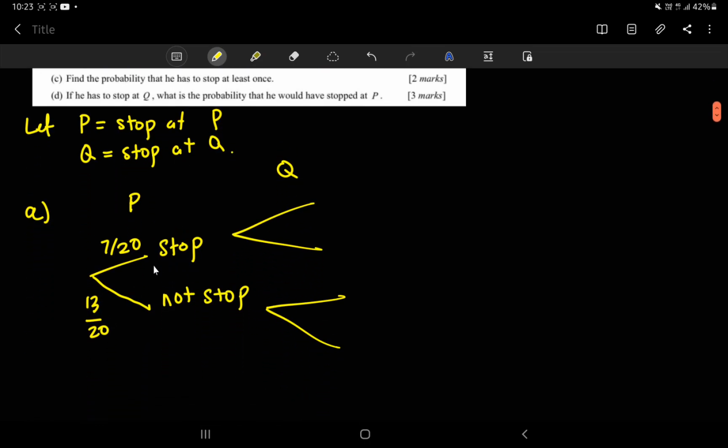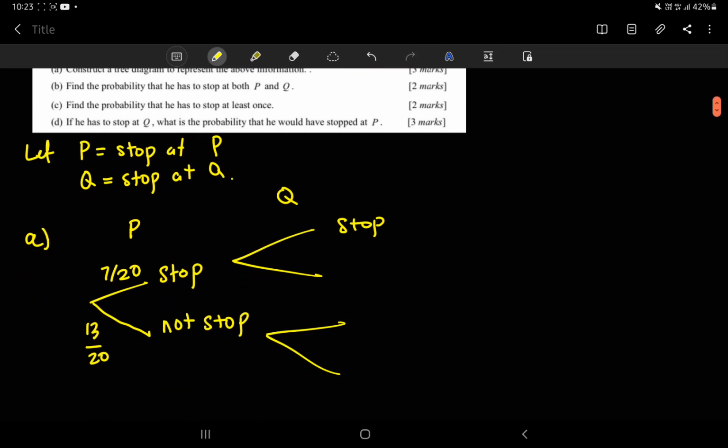So if he stops at P, then over here the probability is 7/10, and the complement is 3/10, which is 1 minus 7/10. This one is not stop at Q. So this is stop and not stop.